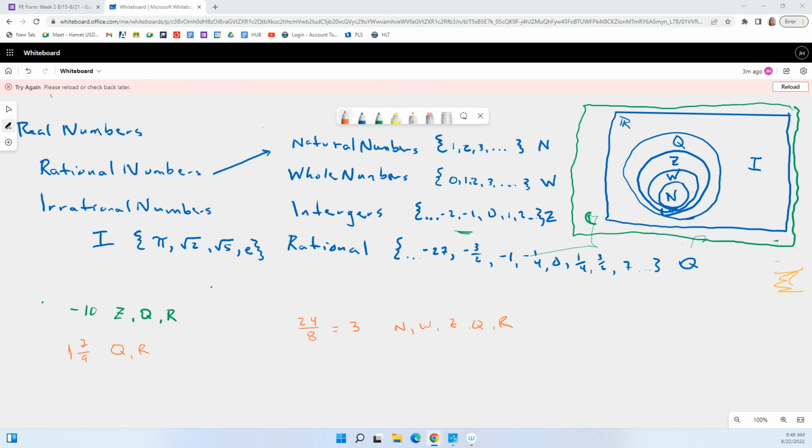If you look at the screen that I put up, you can see them. W is whole, N is natural, R is real. Just waiting for some more votes to come in. So far, I've got 9 through 12 of you.